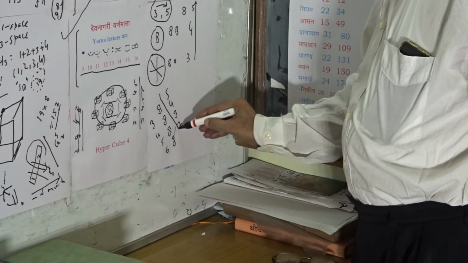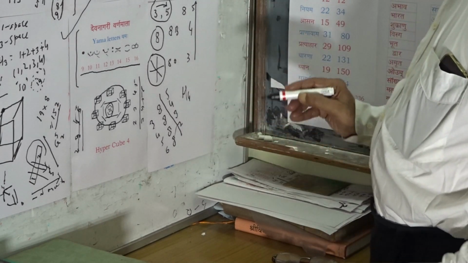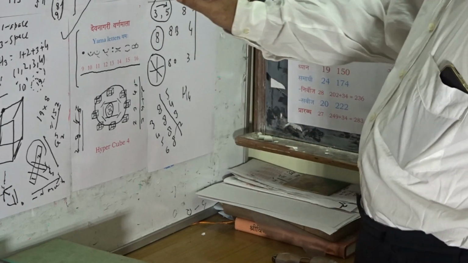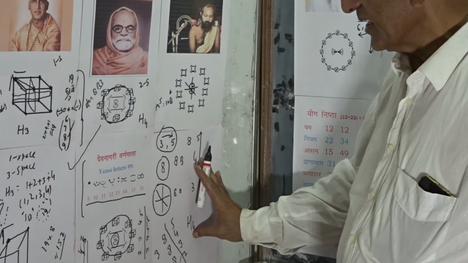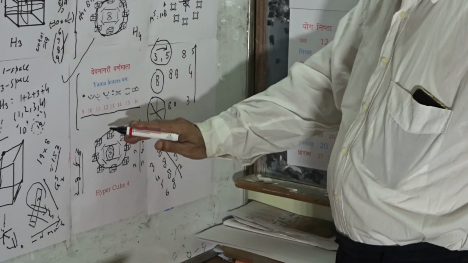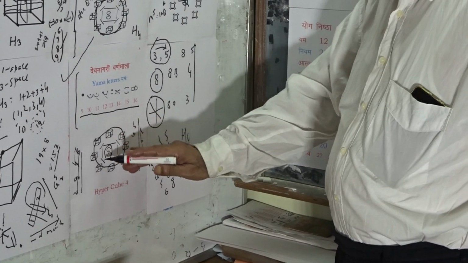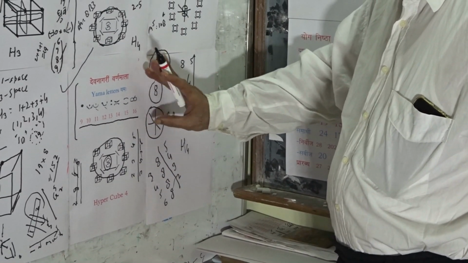It is this value which is hypercube 4. It is this reach of the creator's space which will ultimately take us to hypercube 4, and at the boundary we will be getting the solid boundary of 8 components. It will be taking us to Devanagari Varnamala.